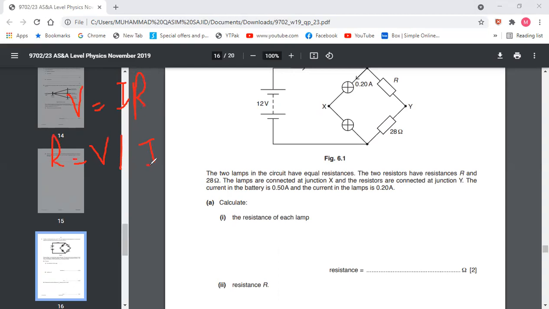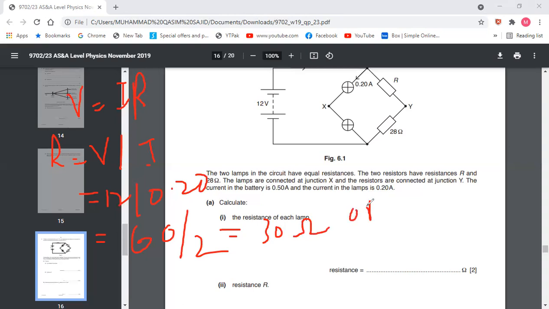So for the first method, it must be 12 upon 0.20. Calculate the value: 60 ohm. Now this is divided by 2 because the current is split into two, so this must be 30 ohm.